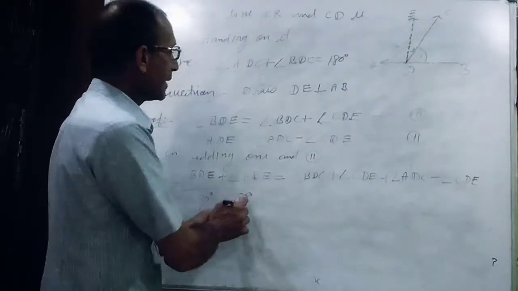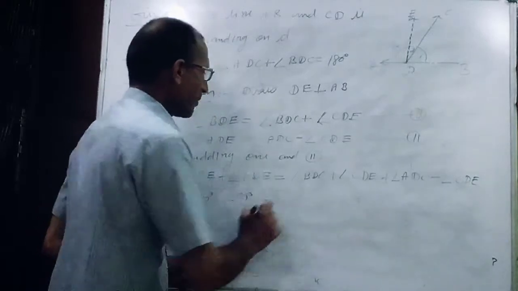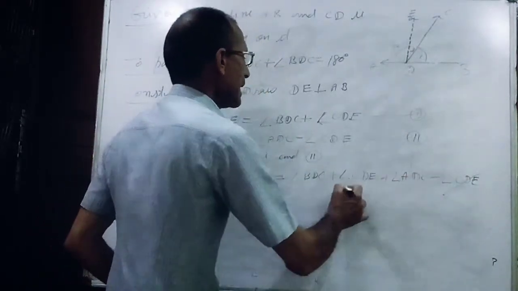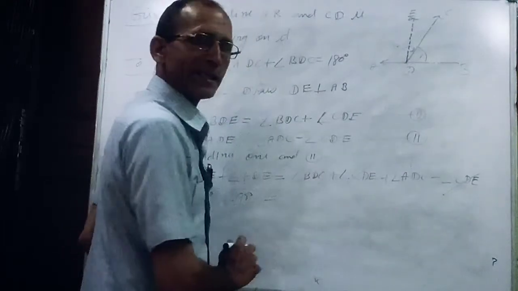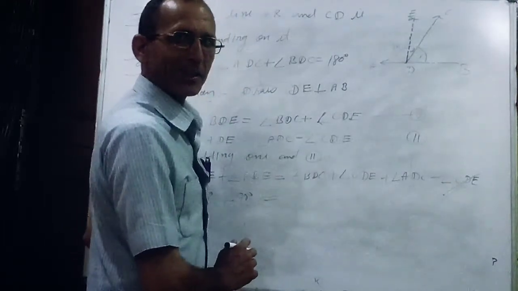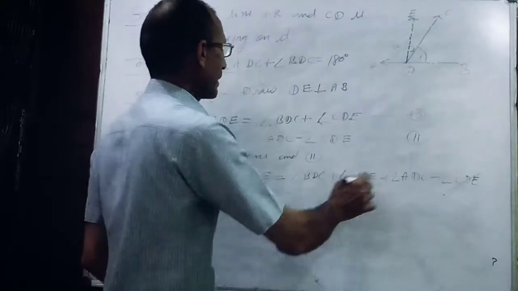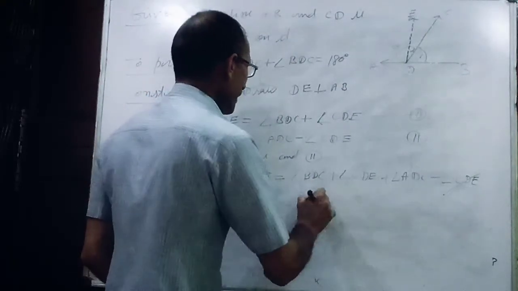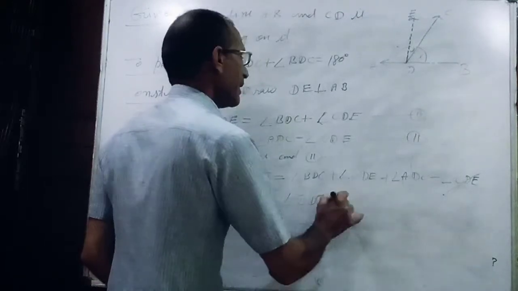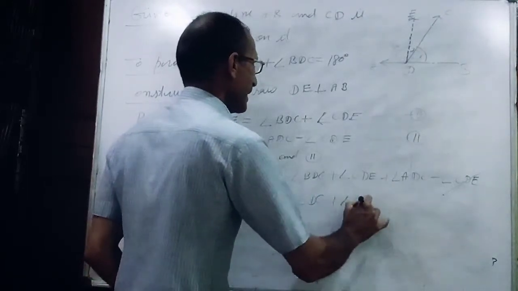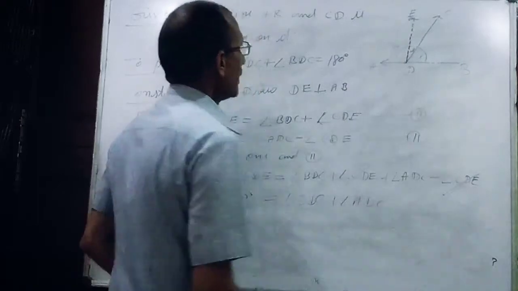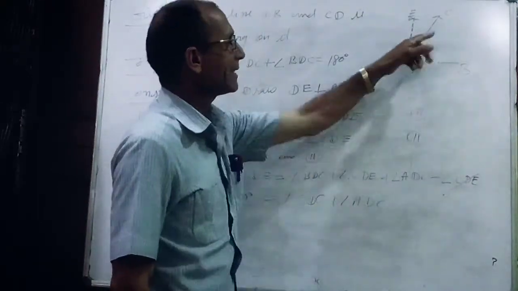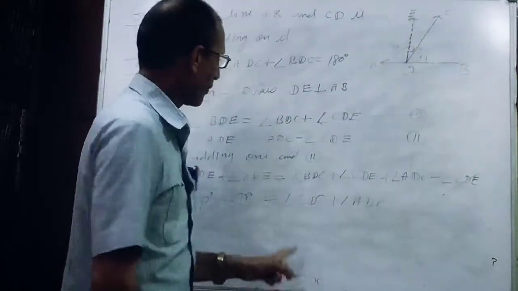So 90 plus 90 is equal to, now one CDE is minus and one CDE is plus, so plus minus cancel. Yes or no? Yes, I cancel them. Now angle BDC plus angle ADC, their measure is 180 degrees.